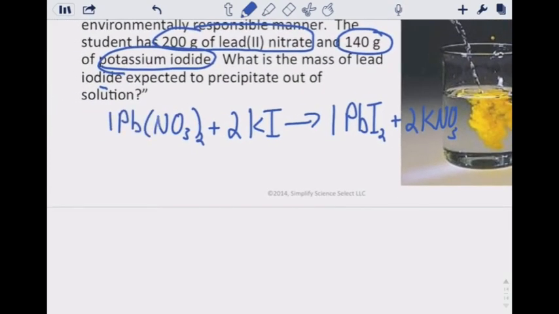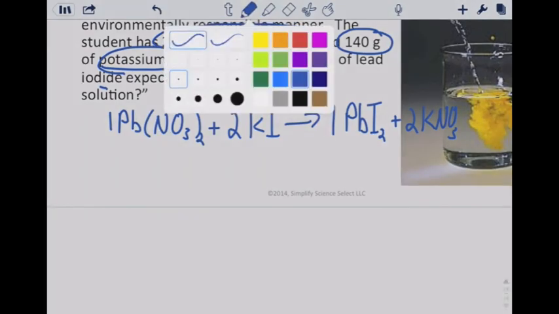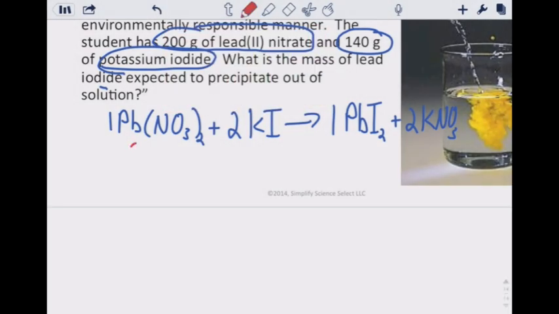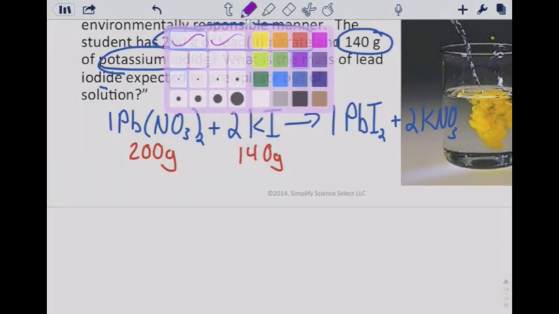Okay? So this is our nice balanced chemical equation. So when we're looking at this, we first have to figure out, well, what's my limiting reactant? And I look at what I have. I have my 200 grams of lead nitrate, and I have 140 grams of potassium iodide. So we'll go ahead. We need to find out what the limiting reactant is.